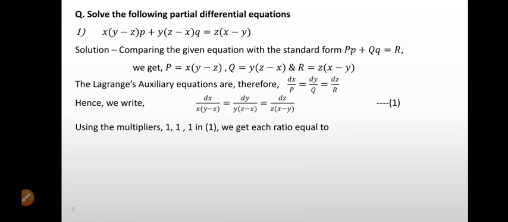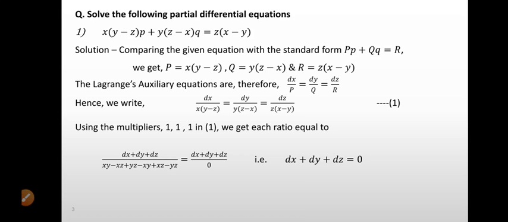Now we have to use multipliers 1, 1, 1 in this equation 1 so that each ratio is equal to dx plus dy plus dz divided by xy minus xz plus yz minus xy plus xz minus yz. Here you can observe that the denominator of the ratio is equal to 0.